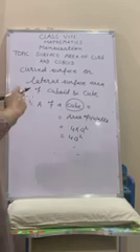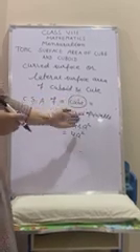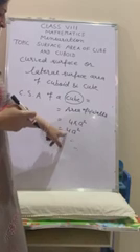Total surface area of a cube is 6a square, because we find the area of 6 faces. In curved surface area, we find the area of 4 walls only, and when we find the area of 4 walls, we multiply a square with 4. It is the formula for the curved surface area of a cube.